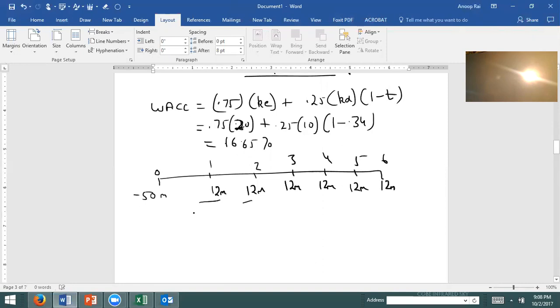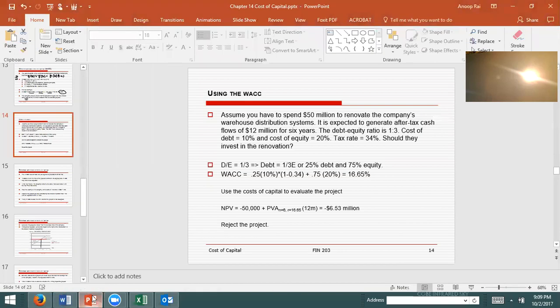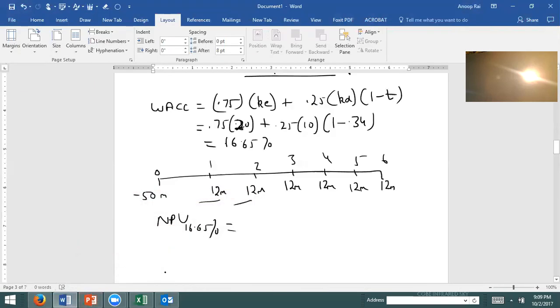The only thing you need to know now is to find the net present value at 16.65%. So by now you know how to do this, but this is C0, this is C1 6 times, compute, the interest rate is 16.65, and it turns out to be negative 6.53 million. That means we will reject the project.